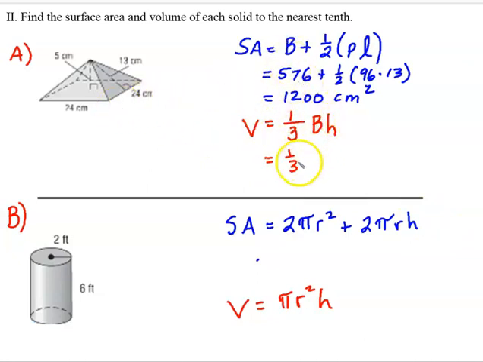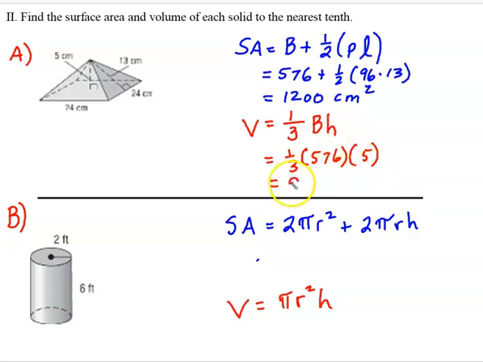All right, and now for the volume, it's 1/3, of course, of the area of the base. We've already calculated that. That's 576. And this is the height of the shape itself, h, and so that's given as 5. If you look inside here, there's a dotted line with 5 centimeters pointing at it. And so we just go to our calculator again and do the math. 576 divided by 3 times 5.